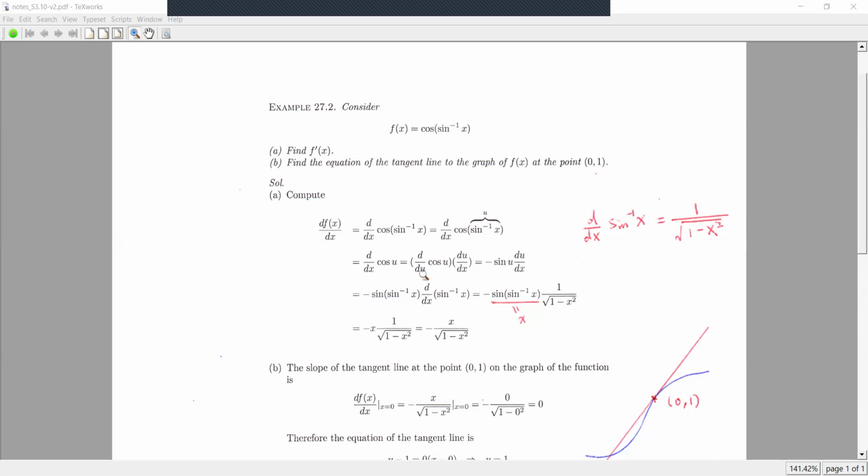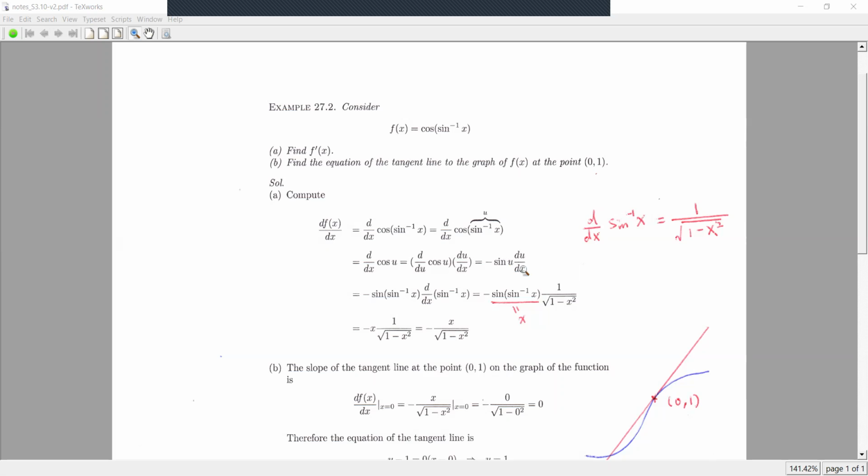Insert du to the denominator and to the numerator. Then this derivative is the product of these two derivatives. Derivative of cosine of u with respect to u is negative sine of u.